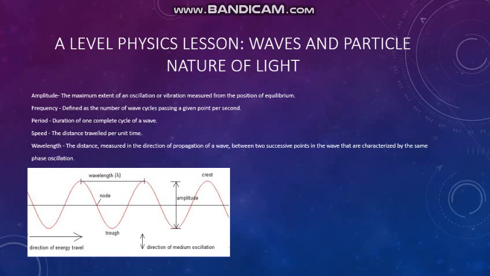As we can see here, the first point to the second point is classed as our wavelength. We have the direction of energy travel, which is going horizontally, and we also have the direction of medium oscillation. This is perpendicular to the direction of energy travel, as this picture is an example of what we know as a transverse wave, which is why it oscillates perpendicular to the direction of energy travel.